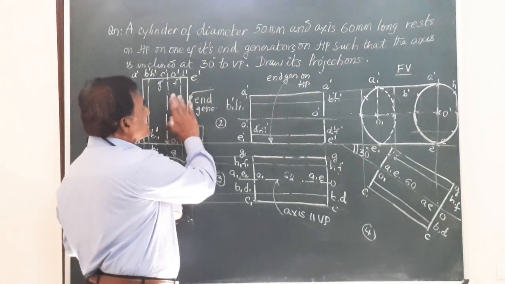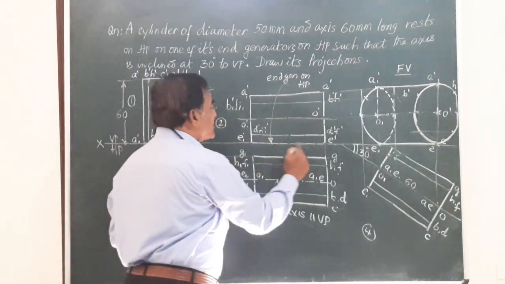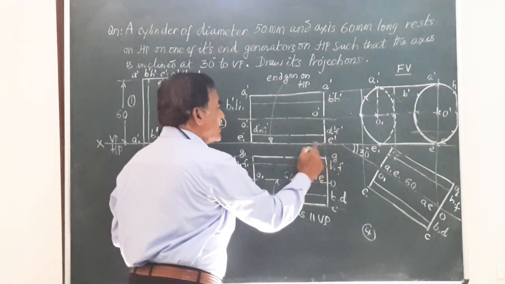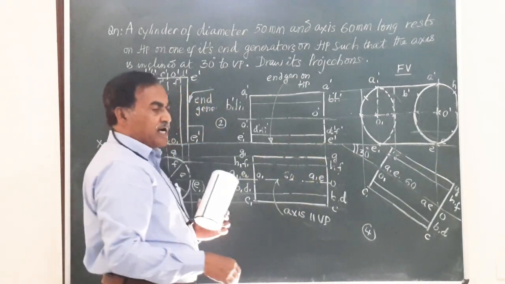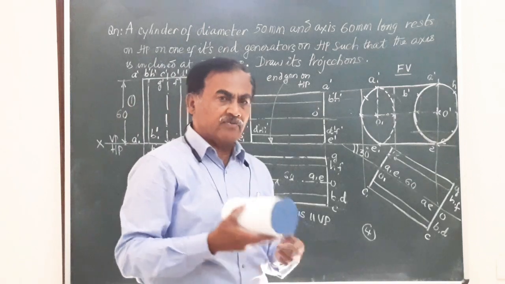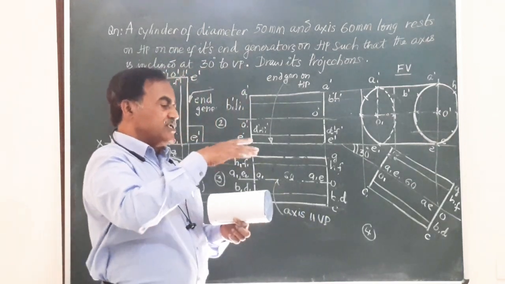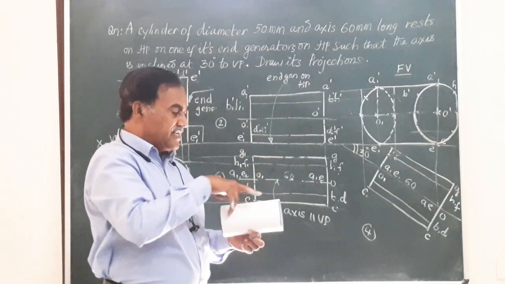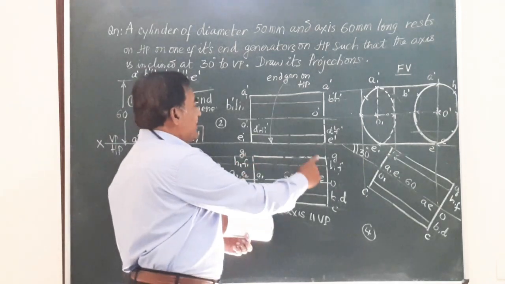The figure 1 was redrawn as figure number 2 with E dash E1 dash resting on HP, that is resting on the XY line, and we got the corresponding top view, and I have informed you that whenever that cylinder is resting on HP, the top view is always a rectangle and front view another rectangle having same dimension.